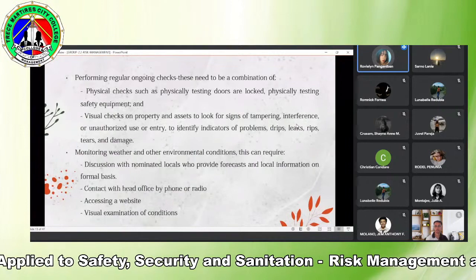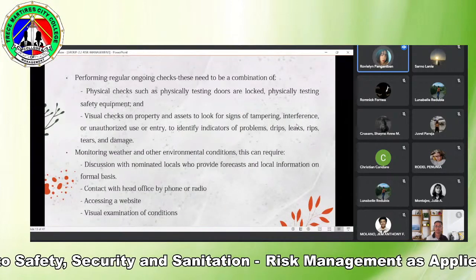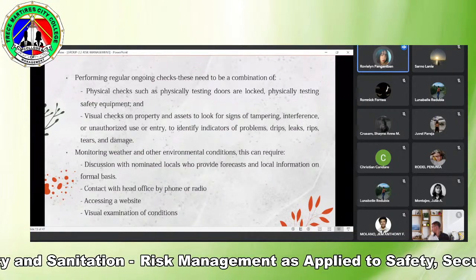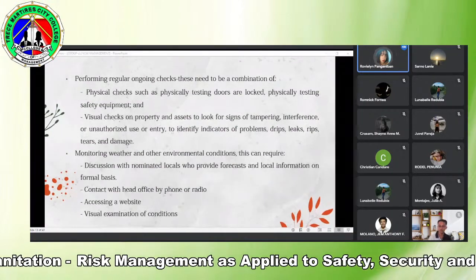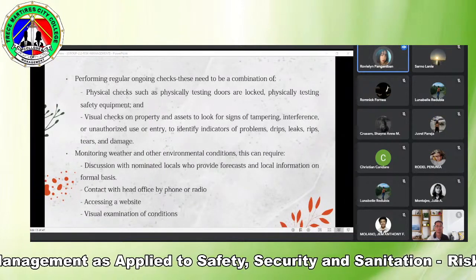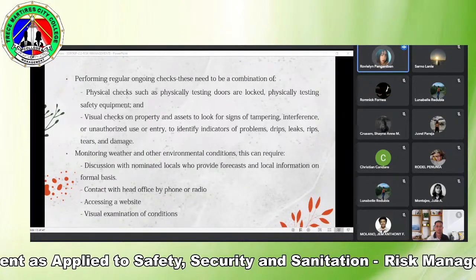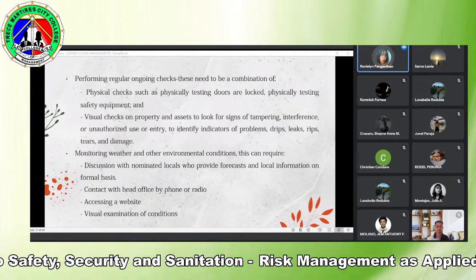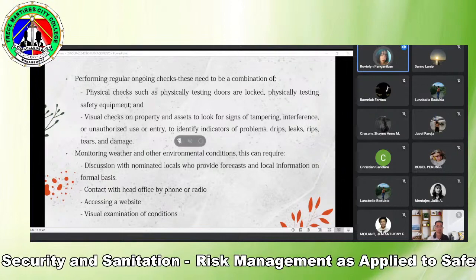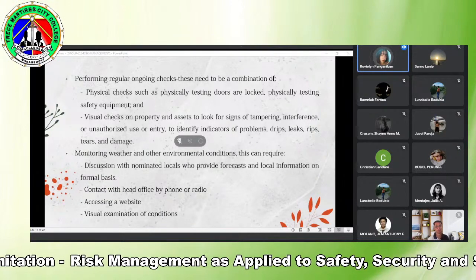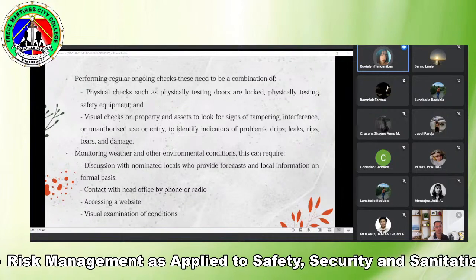So dapat meron tayong phone or radio just in case na may mangyaring hindi maganda, mabilis tayong makakapag-respond sa mga guests natin. Accessing a website, so yun, para makikita nila kung ano bang meron doon sa example sa hotel na pinagtatrabahuhan natin, kung yung safety ba nila is okay, kung maganda ba yung mga review nila.